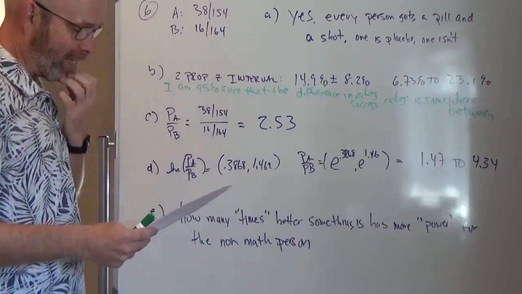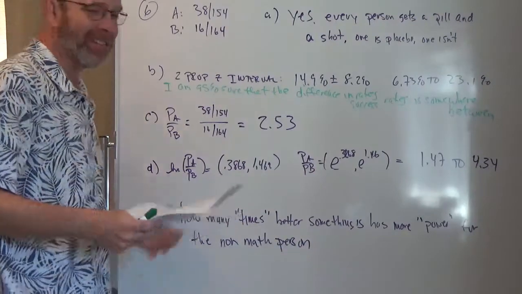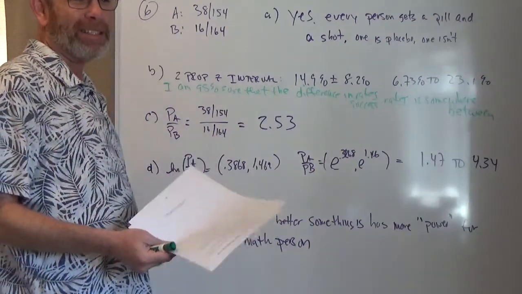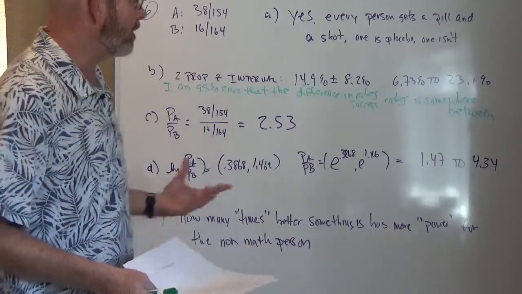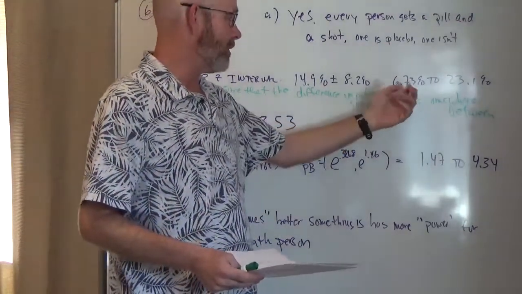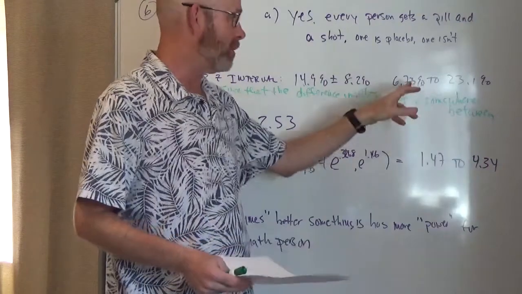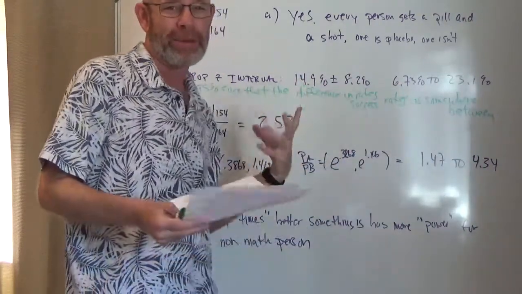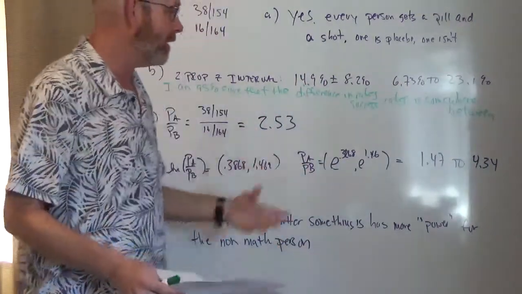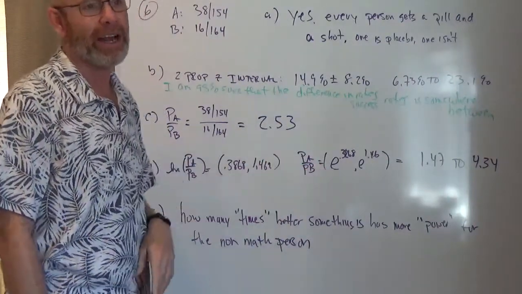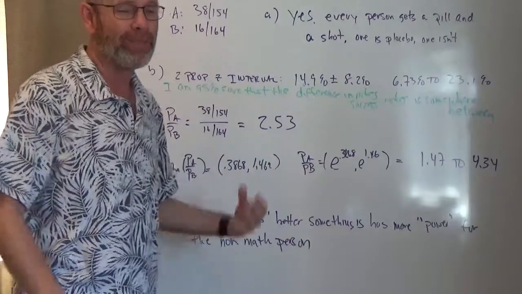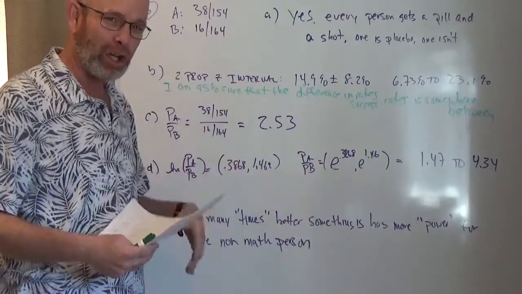And then they ask, what's the advantage of using this? This is a little bit weird. I don't know why they would ask this question because it's like outside knowledge. The idea is if you told someone the success rate confidence interval was this to this, they're not going to exactly know what that means. We might, because we've learned it in math class. But if you tell someone it's 2.5 times better, or it's going to have 2.5 times the success rate, people clue into that a little bit better.